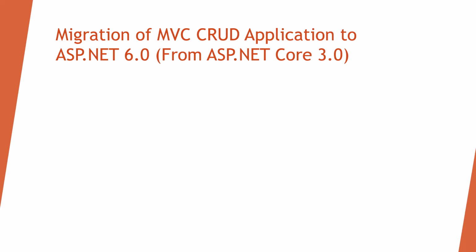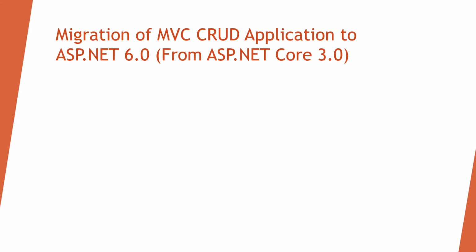Because the present version of ASP.NET Core 3.0, although it has lost its long-term support, the code base is completely valid. The same code base without any change is going to be used for the ASP.NET 6 long-term support version.